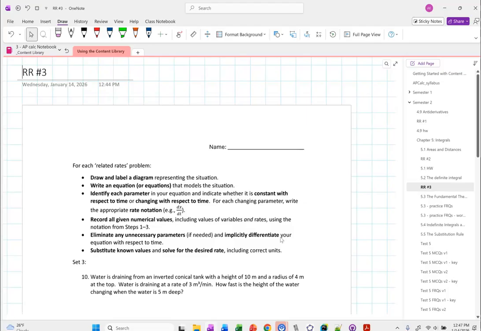And then 13 is 3/5 meter per minute. And then 14 is 75 miles per hour.